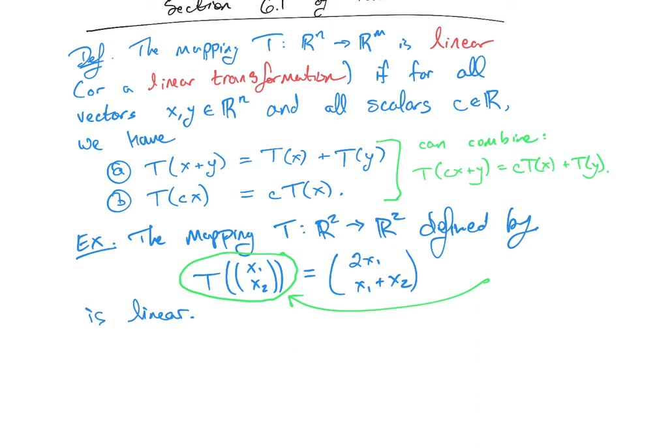So I'm just going to say we'll often drop one set of parentheses. So we would write T of x1, x2. Okay?